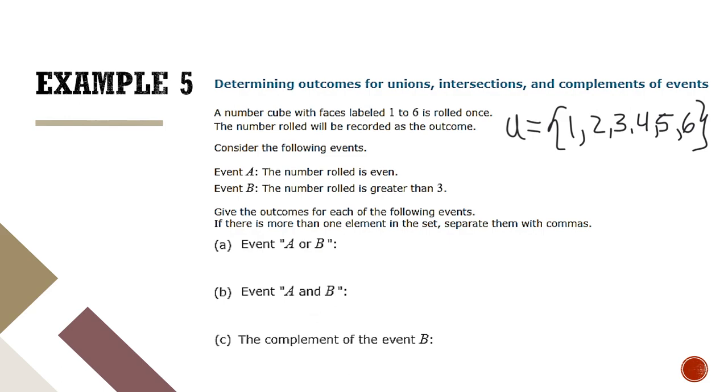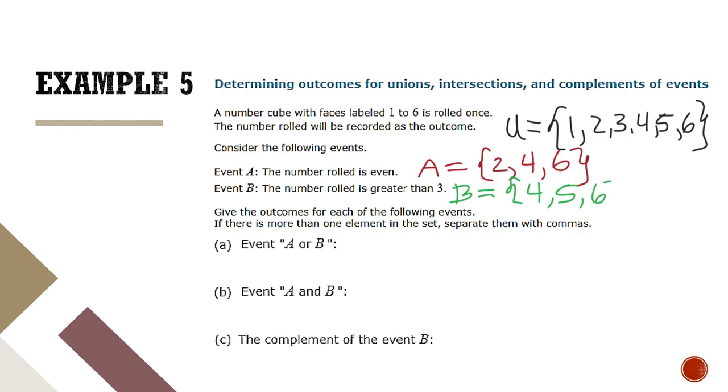Now, event A, let's say A is equal to all of the even numbers rolled. So that's just 2, 4, and 6 with commas in between. And then event B is equal to the set of numbers that is greater than 3. So bigger than 3 is 4, 5, and 6.